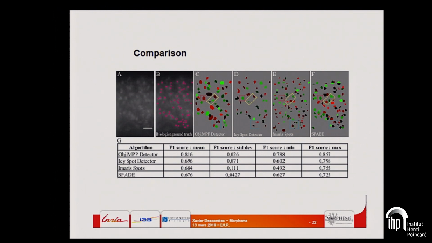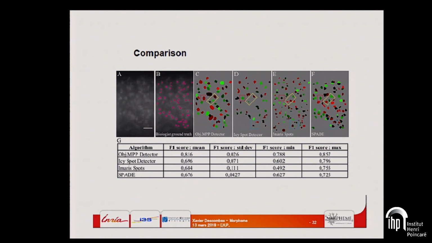And here you can see, in this particular case, we are better than IMARIS, and that's why I show this one, but in some different application, it can be the reverse. But again, the main idea is that by taking into account some geometry and some more sophisticated approach, you can improve your result with respect to standard techniques for biologists.